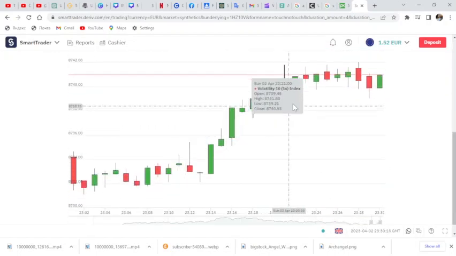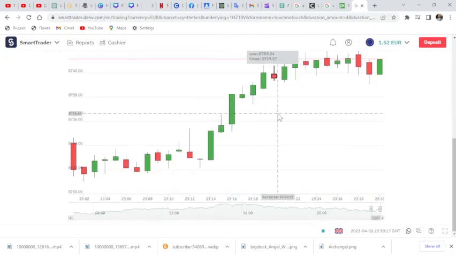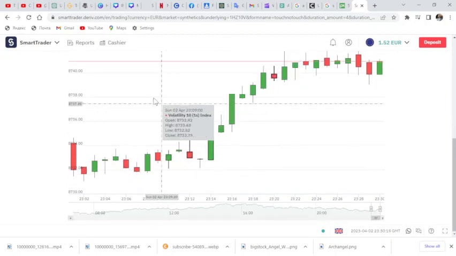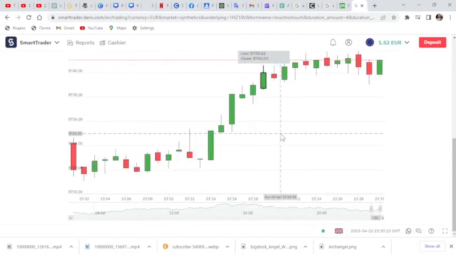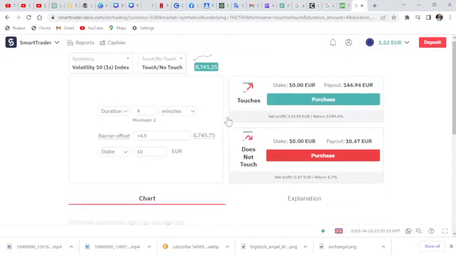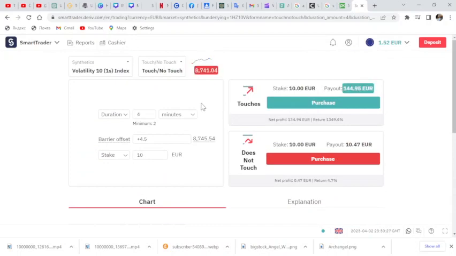So from my observation right now, as it stands, the market is in an uptrend. So if the market is in an uptrend, you basically start waiting for it to turn green 3 times before you can enter, before you can place, and it does not touch.